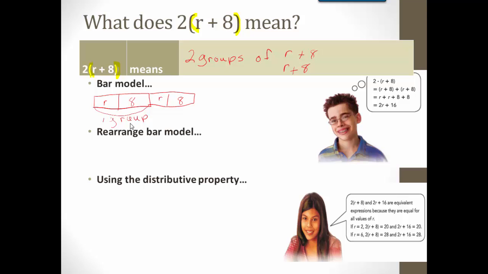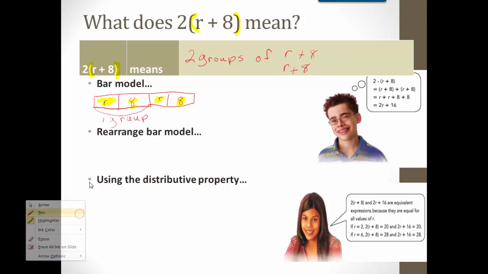So if I wanted to rearrange these, let me highlight my like terms. My like terms are r and 8 are my like terms.